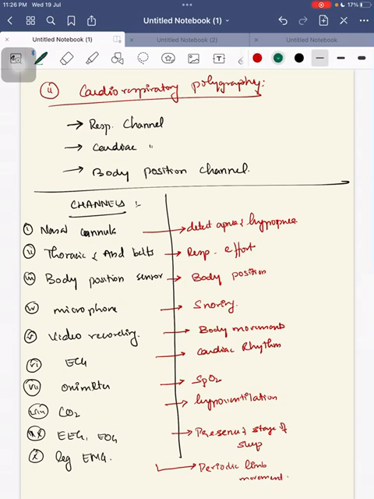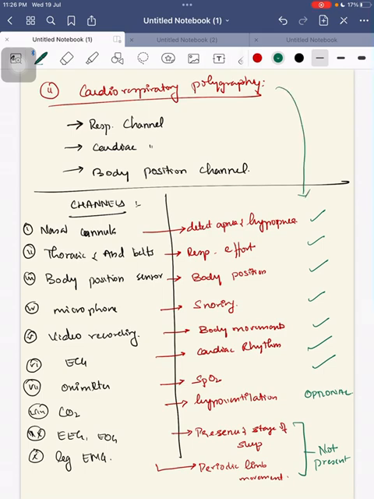Okay, so in a cardiorespiratory polygraphy, you will be having nasal cannula, thoracic abdominal belts, body position sensor, microphone, video recording, ECG, oximeter. This will be an optional one, and these both will not be present.